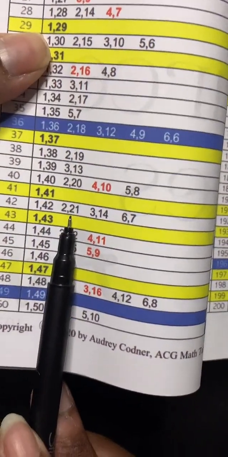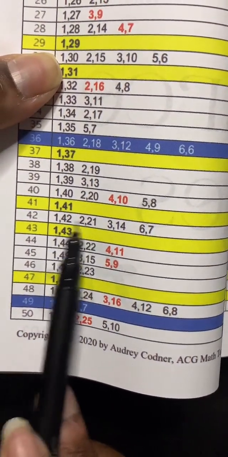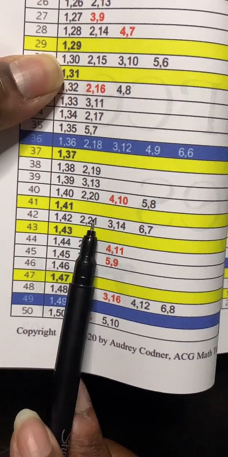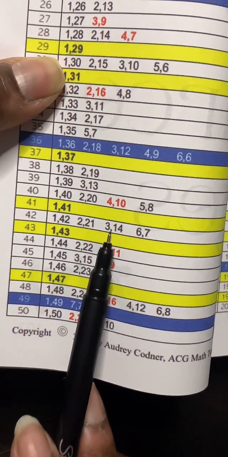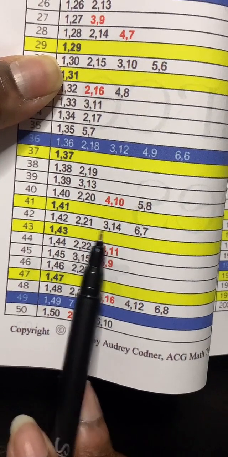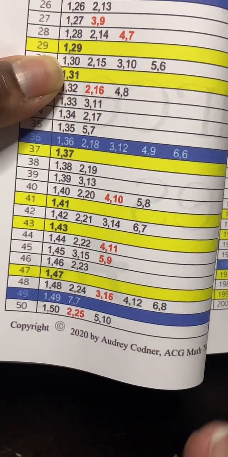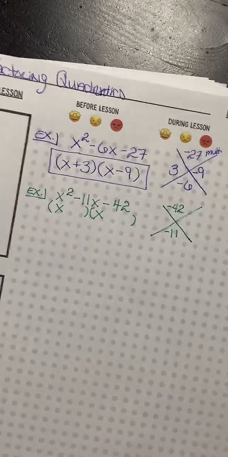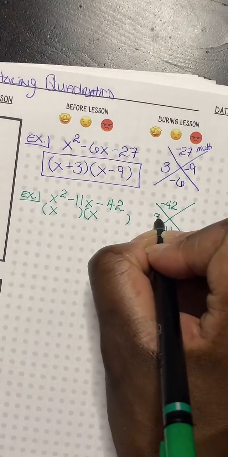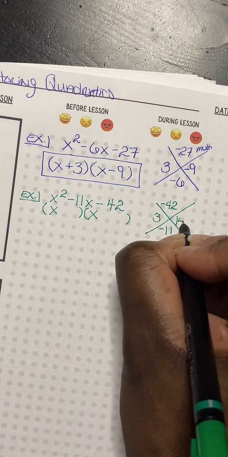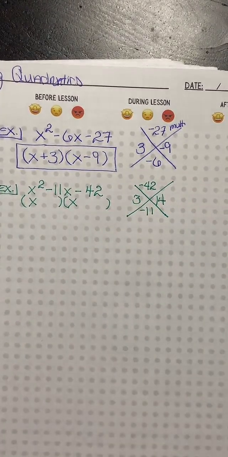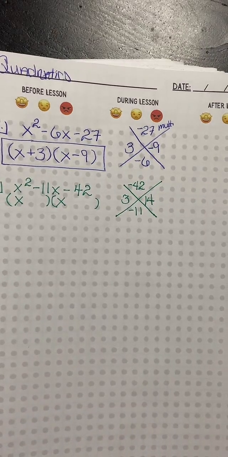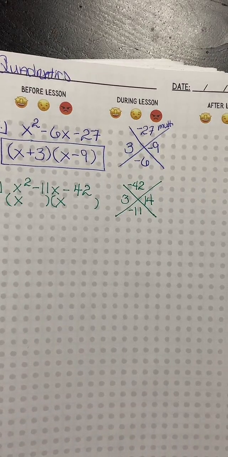If I subtract these two, neither one of those is going to give me 11. This one will give me like a 1. This one can give me 11, because 14 minus 3, that does give me 11. So it could be 3 and 14, sorry. But which one is going to be negative? The 3 or the 14?